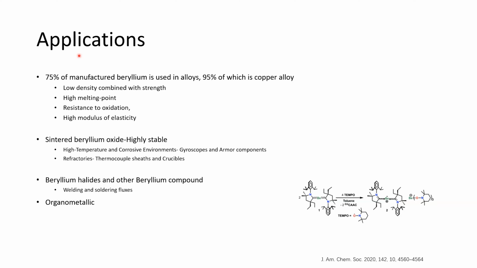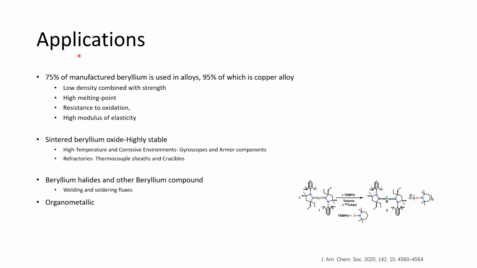They are also resistant to oxidation and have other good advantages. Besides that, beryllium oxide also can stay in high temperature or corrosive environments, and it will protect some equipment in harsh conditions.